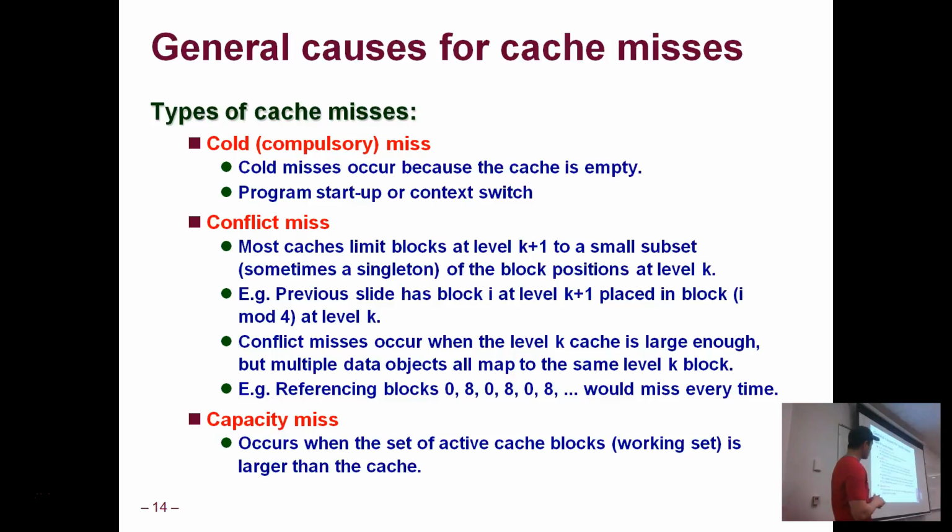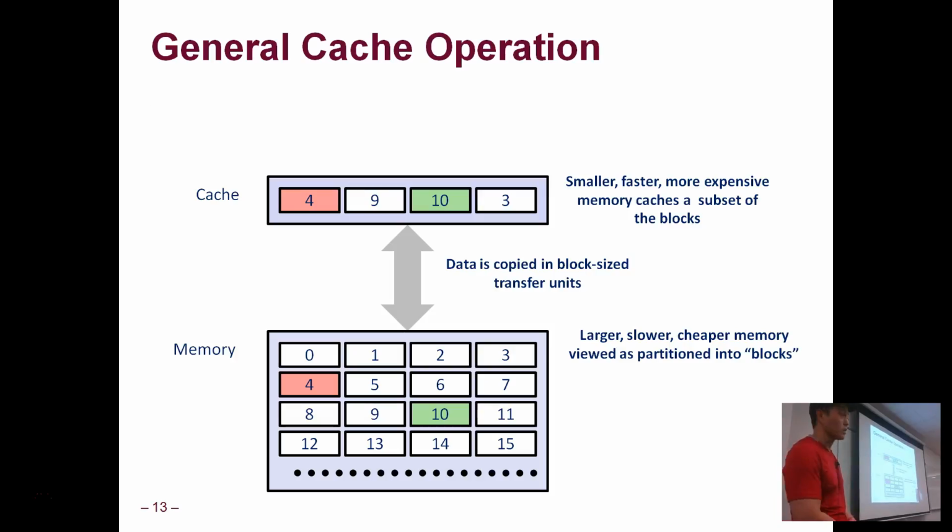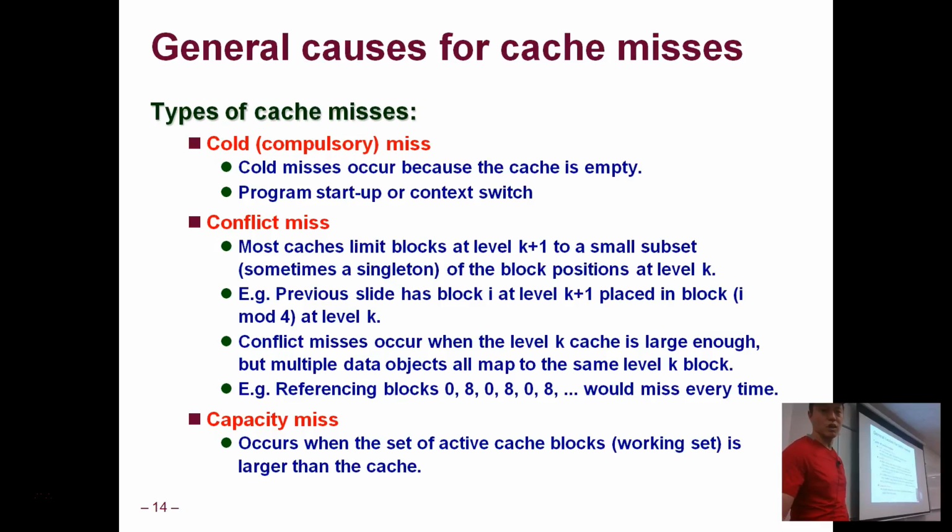But the issue is, what happens if I have a referencing pattern of 0, 8, 0, 8, 0, 8 in this previous slide? Yeah, I keep switching them out. So 100% miss if I have that access pattern. That's called a conflict miss, where because I have accesses that are conflicting into this cache location, I'll get 100% missing. So that's another way you can get misses in caches. The last one is a capacity miss. This occurs if you're sequencing through an array multiple times, and that array doesn't fit into a cache.